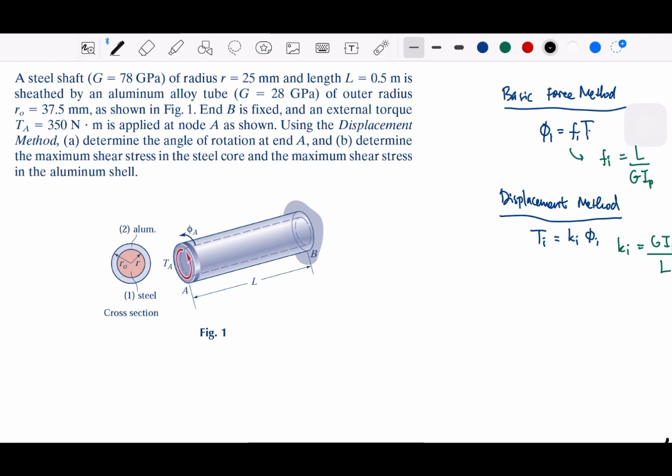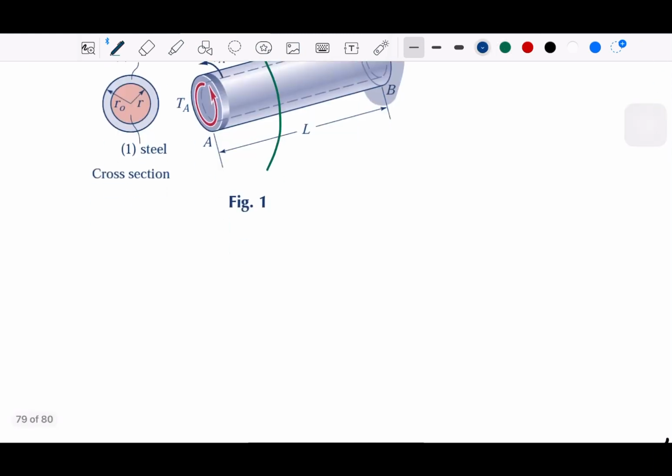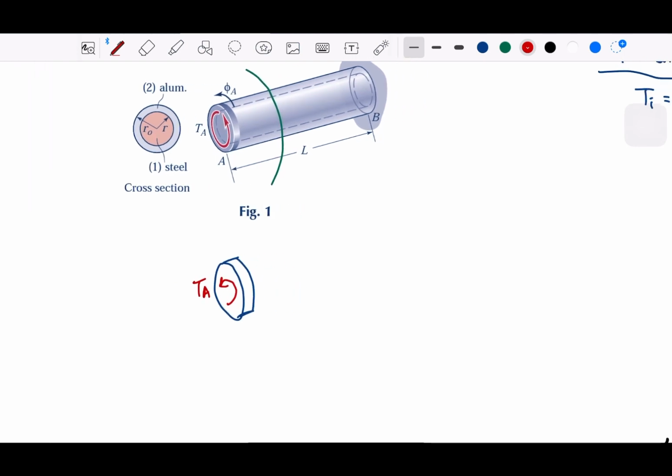So first, if we look at the free body diagram, take down here, maybe slice over there. Let's say this is TA. And since we have two materials, steel and aluminum, we are going to have two torques.